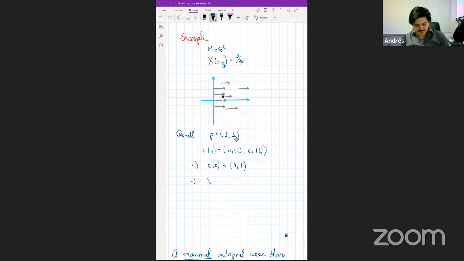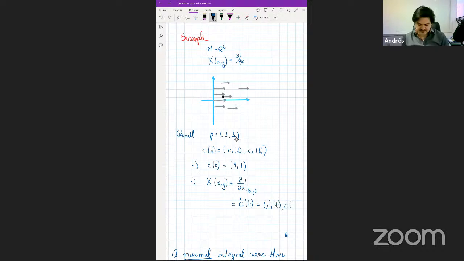So the vector field, this is just by definition. I'm going to write it like this if you want. But I want this to be the derivative with respect to t.